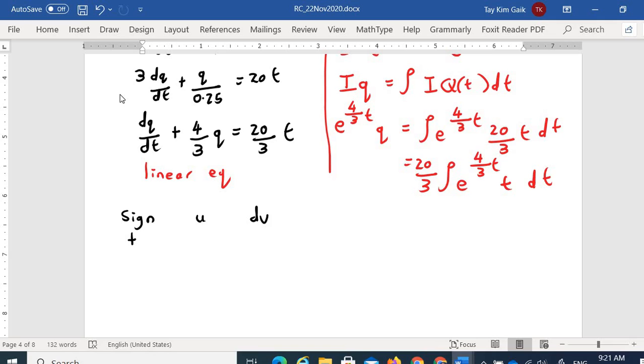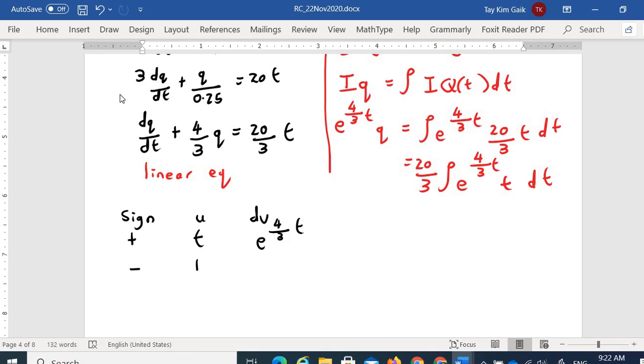If we have a polynomial, u will always be chosen as the polynomial, hence the exponential as the dv. So signs alternate. For u, you differentiate. If you have a polynomial, you differentiate until it gets to 0. dv you integrate. The tabular method is actually a systematic way of integration by parts.